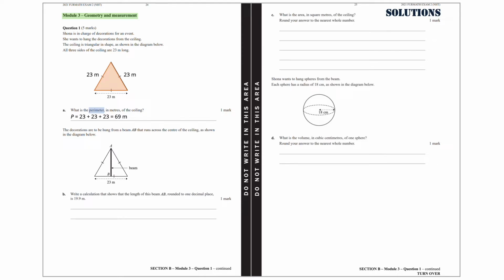The decorations are to be hung from a beam AB that runs across the center of the ceiling, as shown in the diagram below. Part B. Write a calculation that shows that the length of the beam AB, rounded to one decimal place, is 19.9 meters.